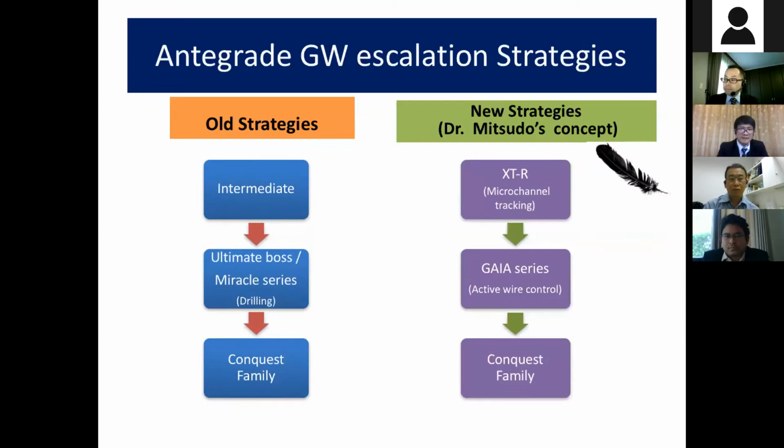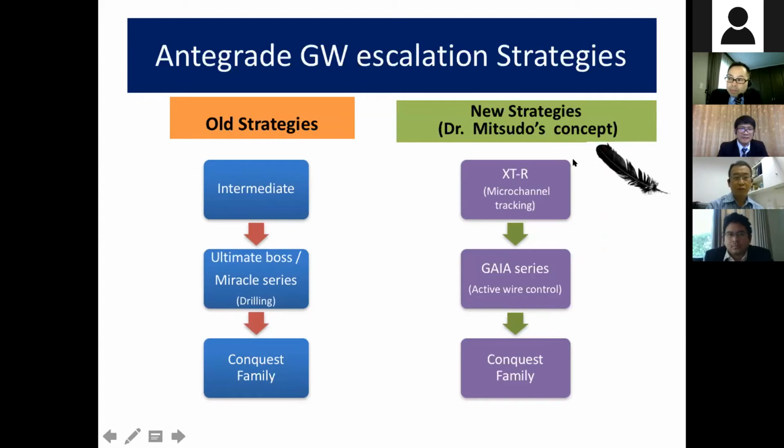In my strategy, I use maybe something different from others, because I am from Kurashiki Central Hospital, so I start with Dr. Mitsudo's concept. This is called the Fielder touch technique, like the Fielder touching the lesion.